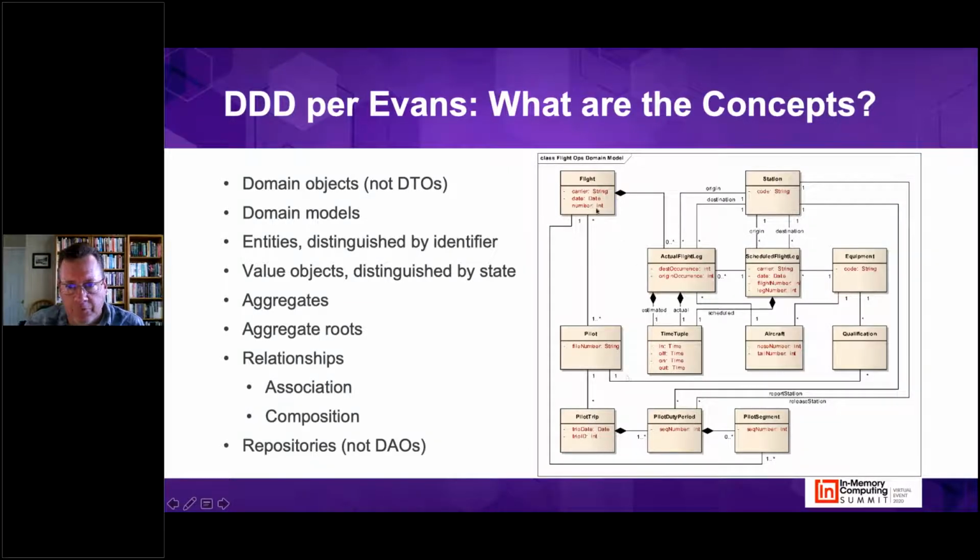Another example is a flight. A flight consists of one or more actual flight legs, each of which has an estimated and an actual time tuple. So a flight is an aggregate. And then there are association relationships between pilots and flights. Obviously, there are composition relationships within those aggregates. So those are the concepts in domain-driven design.